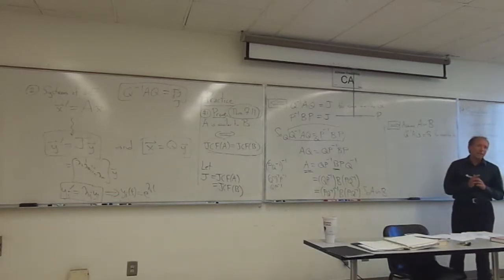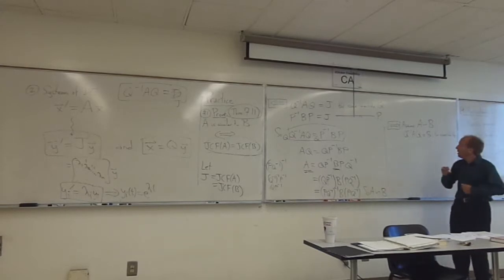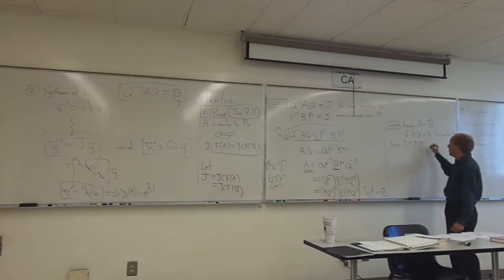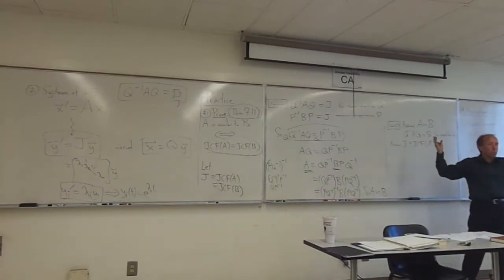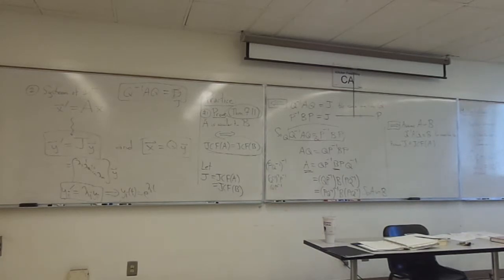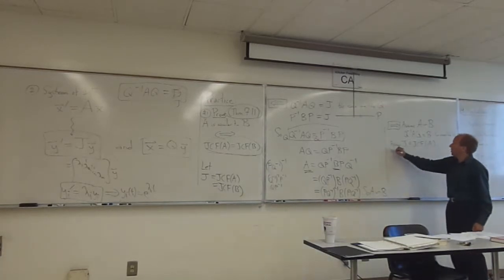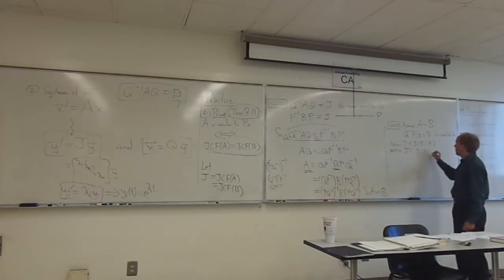Let's just assume that J is the Jordan canonical form of A, because every matrix has a Jordan canonical form. Let's just give it a name. And then we need to show that J is also the Jordan canonical form of B.